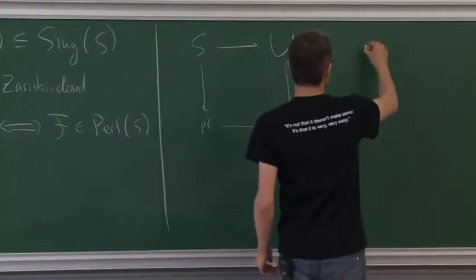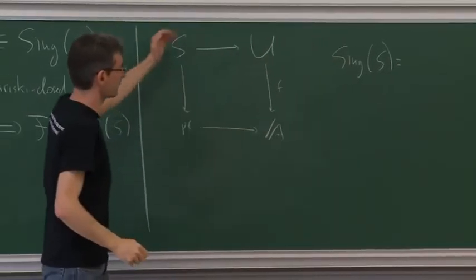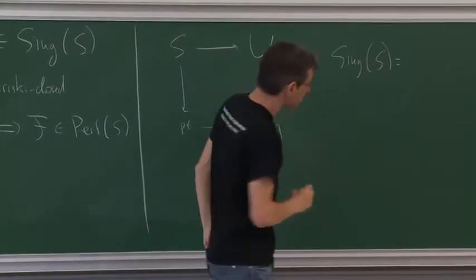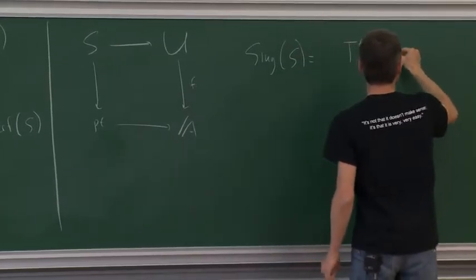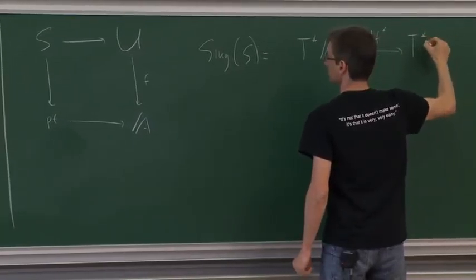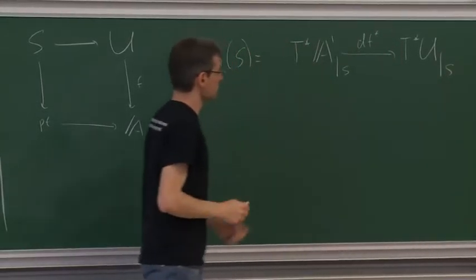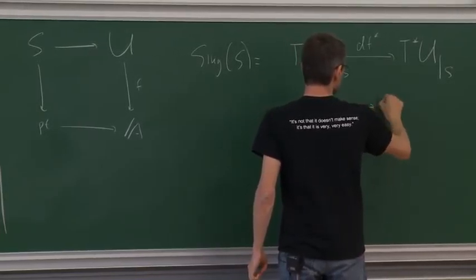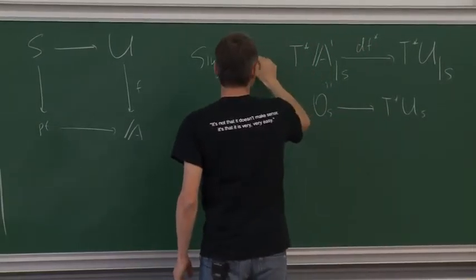So let's say in this case what Sing of S looks like. I gave a general description of Sing S in these circumstances. We're looking at the co-differential of this map, so it's df star. Of course, the cotangent bundle to A1 is A1. So this is really a map from O_S into this vector bundle, and it's the kernel of this map.